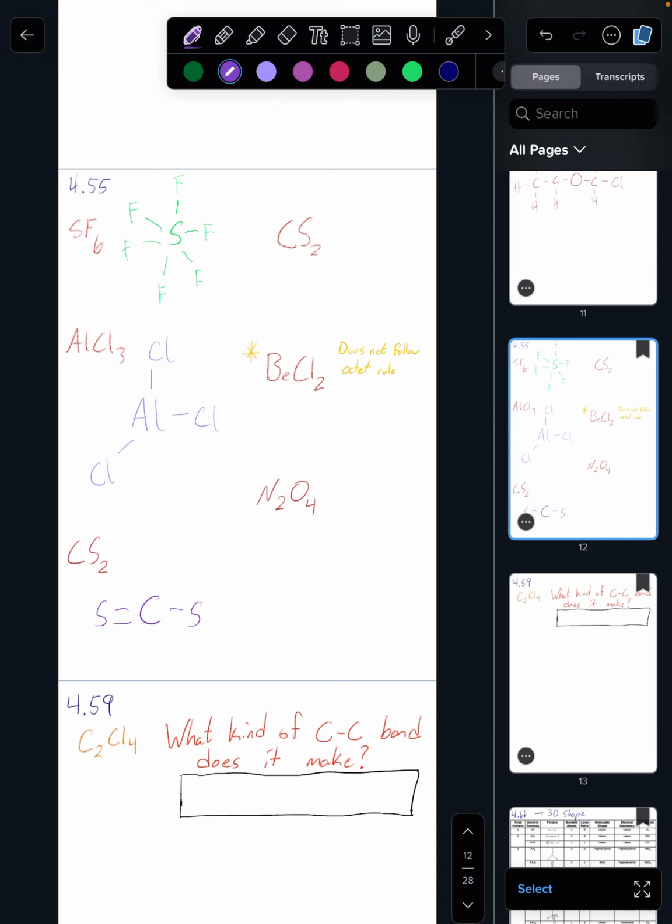Okay, so what we can do is a double bond. That makes our carbon happy. It has the 1, 2, 3, 4. And then sulfur has 2 of its 6. So the 1, 2, 3, 4, 5, 6. And so with those 2 being pairs, then the sulfurs are happy on both sides as well. And that's how you get that answer.